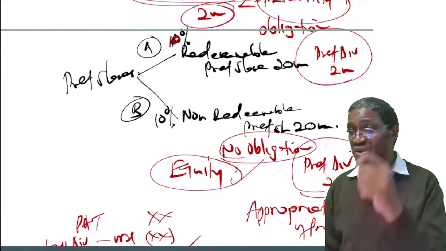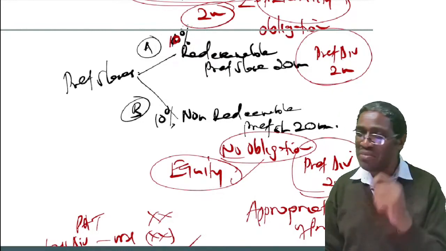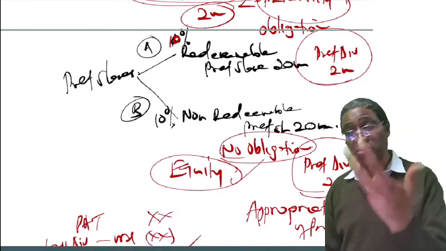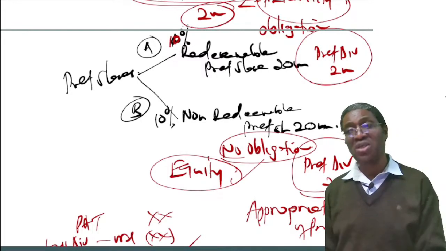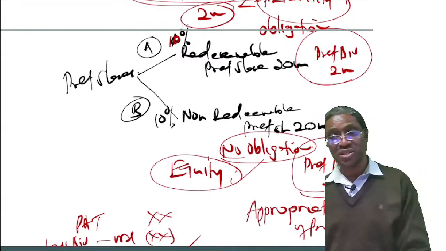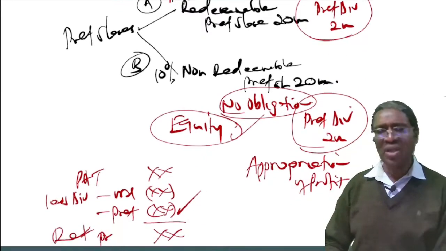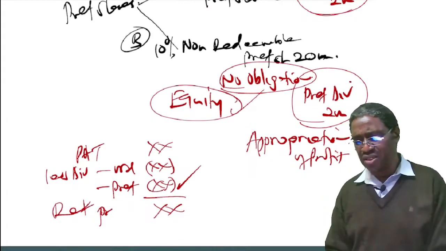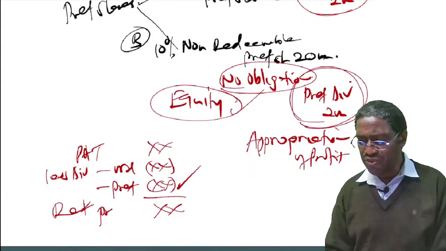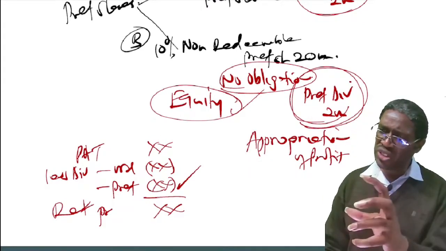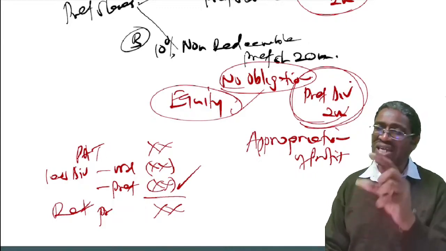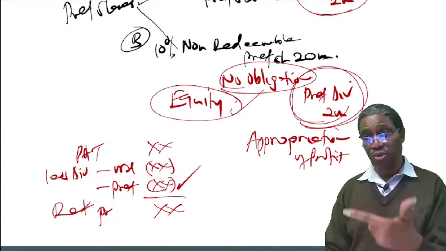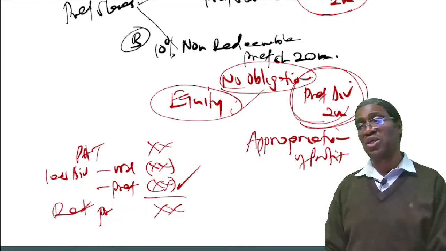Any preference dividends on redeemable preference shares should be considered as a finance cost in the income statement. Otherwise, any preference dividends on the non-redeemable preference shares should be considered as an appropriation of profit in the statement of changes in equity.